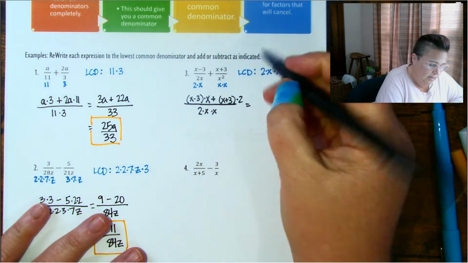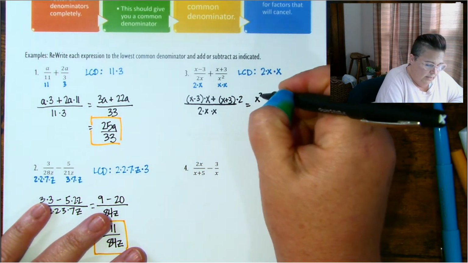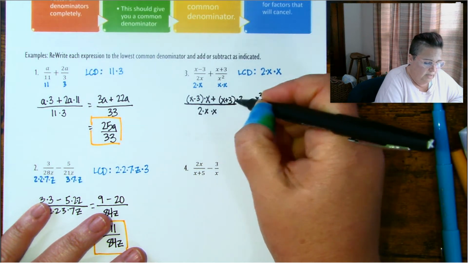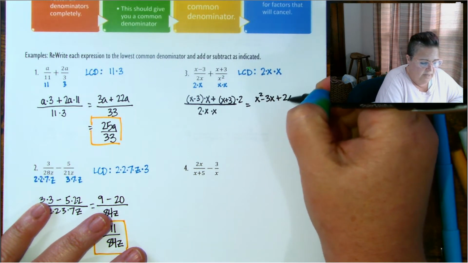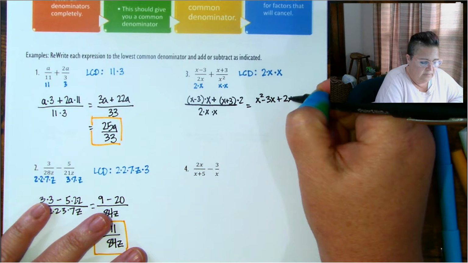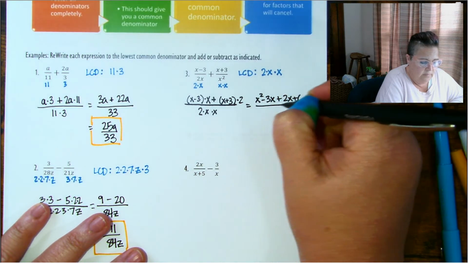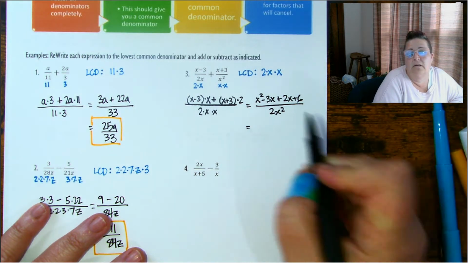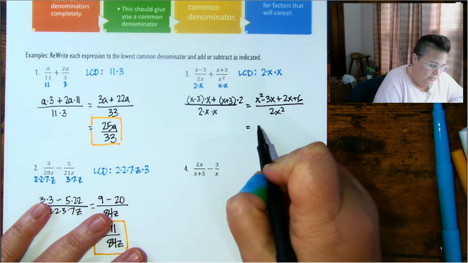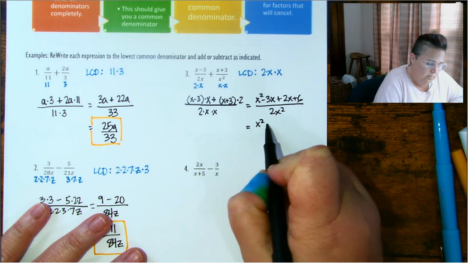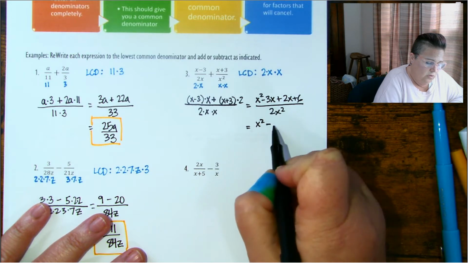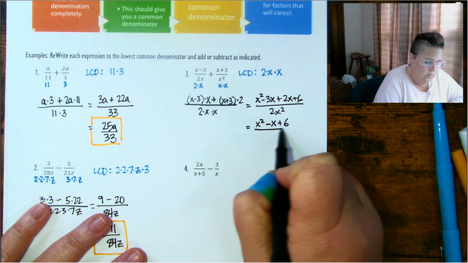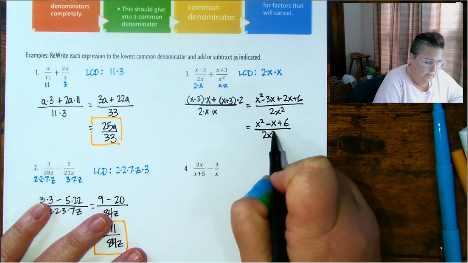Cleaning it up a little bit, this would be x squared minus 3x plus 2 times x is 2x. 2 times 3 is 6, over 2x squared. Combining my like terms, I get an x squared minus x plus 6 over 2x squared.